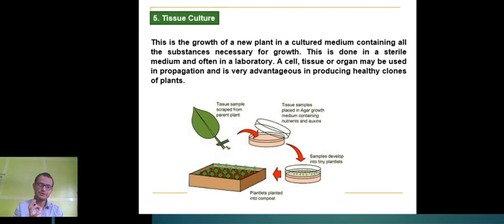Media is the nutrition for the growing plant. That means the media contains different kinds of chemicals which will supply nourishment to the growing plant. So when you put the tissue in that media, this tissue will start to grow. And ultimately, from a single tissue part or single plant part, you will get millions of plants within a very short time. And all these will be healthier.